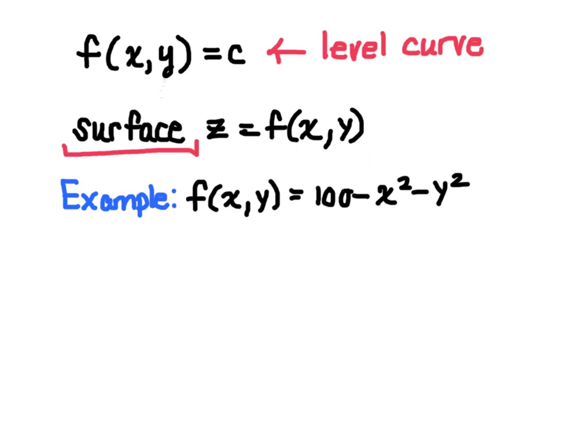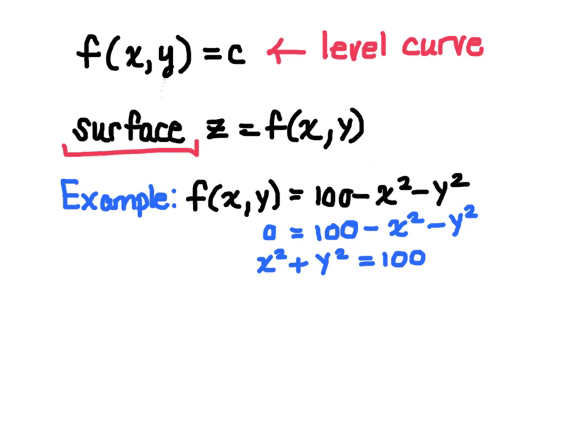When f of xy equals 0, we have 100 minus x squared minus y squared, and this can be written as x squared plus y squared is equal to 100. So in this case, what we have is a circle of radius 10 at a height of z equals 0. Let's draw this.